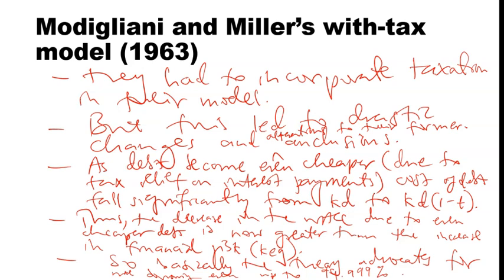So you can borrow as much as possible. This theory actually identifies an optimal capital structure. The companies can borrow as much as they can, although we are going to discuss why companies are not going to borrow as much as they can.